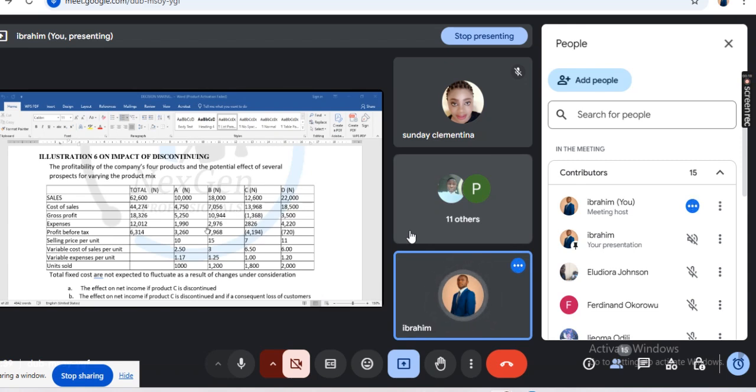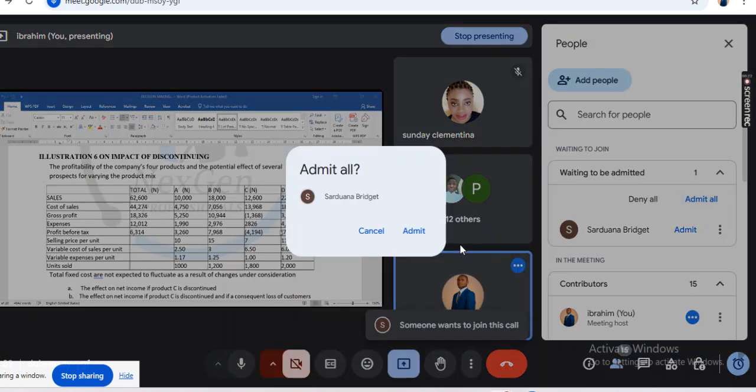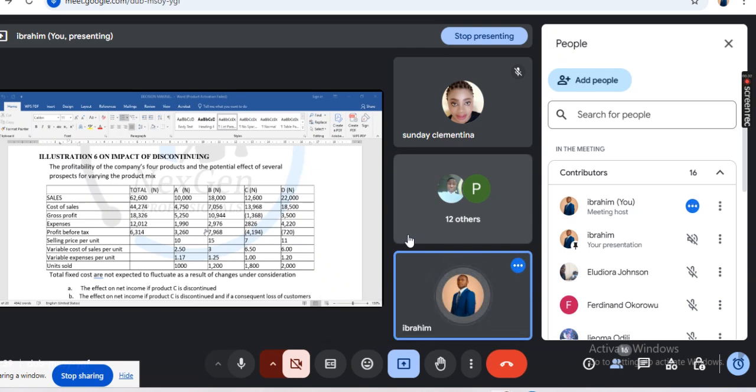Discontinuing operation means that you decide that you will not continue to produce that product again. Why? It could be because you make a loss in the contribution, or the profit.